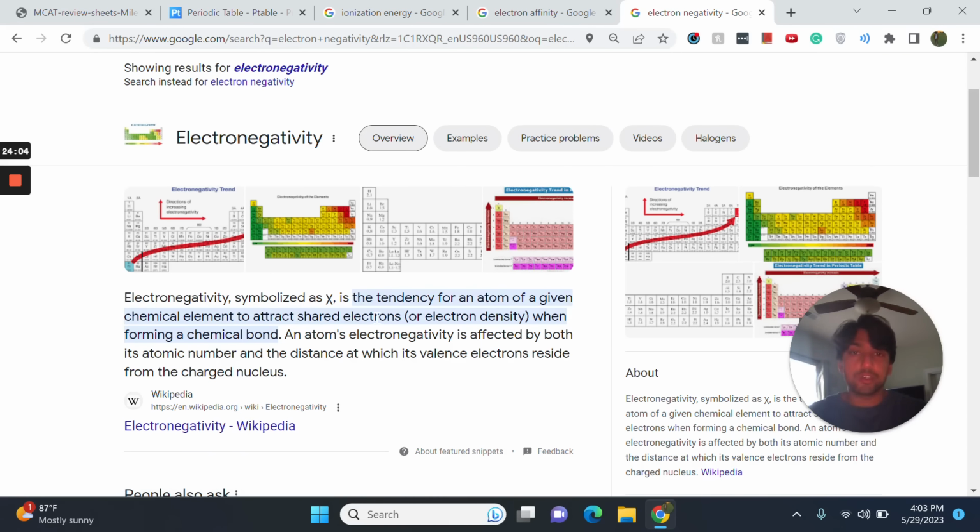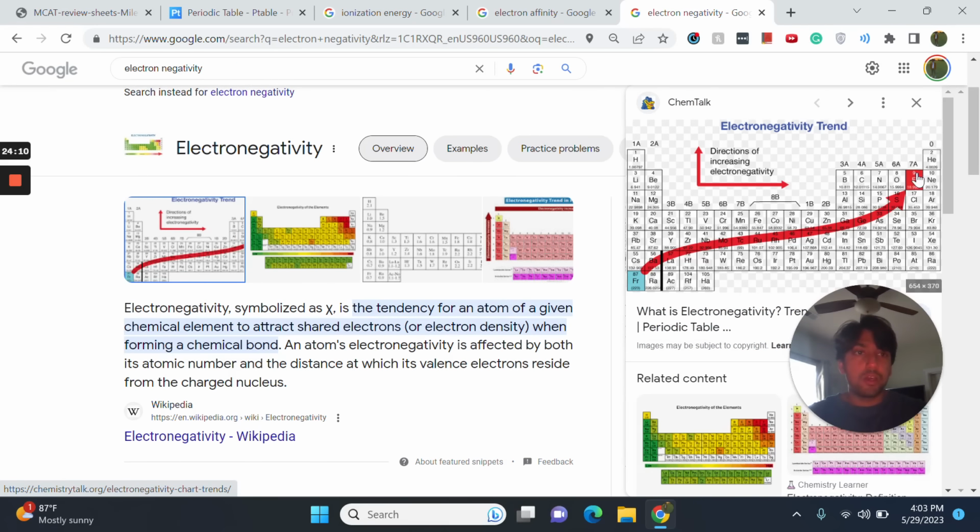I was really confused about this when I first learned it, but basically, if you have a bond between, I don't know, carbon and fluorine, which atom is going to attract the electrons in the shared bond more readily? It's going to be the fluorine, because fluorine has more protons that are closer to the valence electron in the bond than carbon does. So fluorine has the greatest electronegativity.